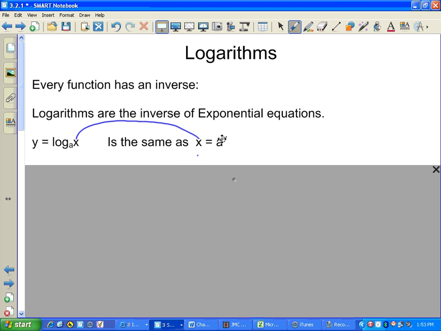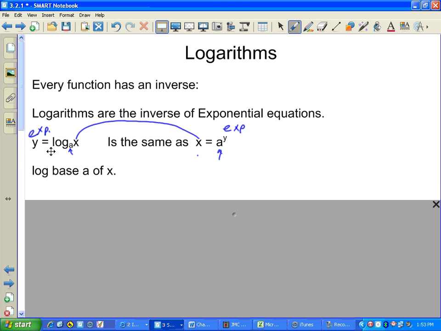If I have some base, some number to some exponent, that base from my exponent expression is still the base of my logarithm. And then we take the log of what it equals to equal the exponent. This is our exponent over here. And this is read as the log base a of x.